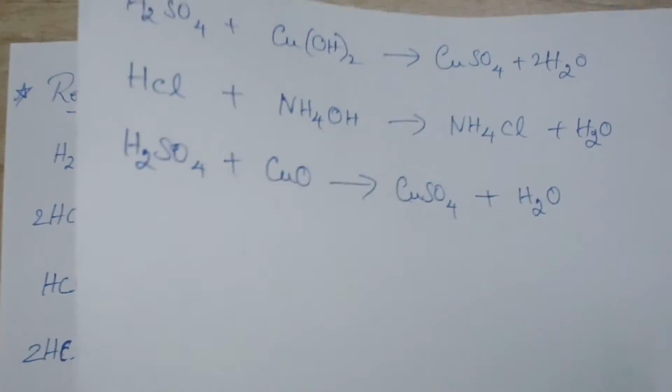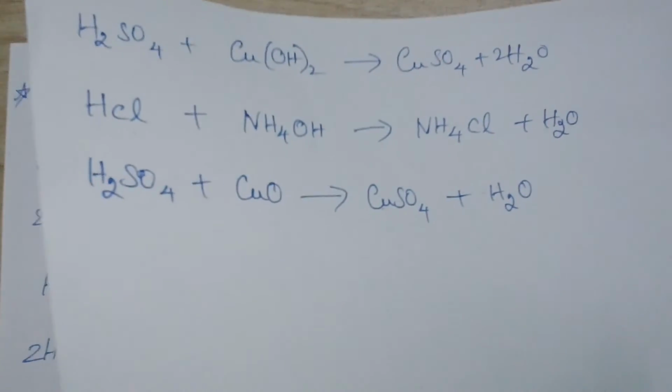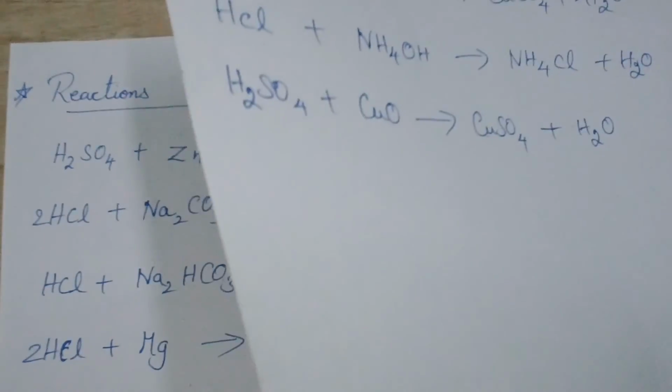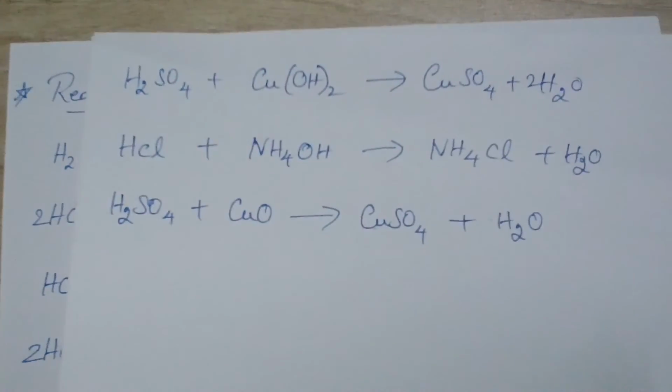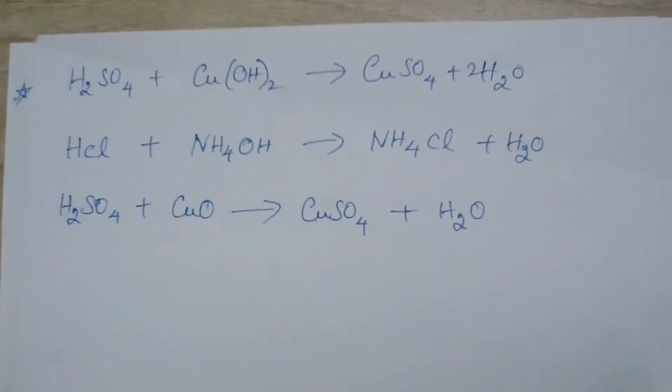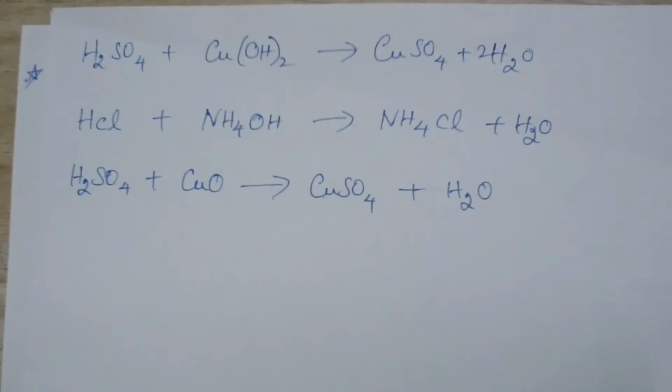For example, when metal hydrogen carbonates react with acids and the gas turns lime water milky, that means the gas evolved is carbon dioxide. Like this they will be asking questions. This is the direct equation I have given, what will be the product formed? It will not be asked in the direct manner, it will be indirectly asked.